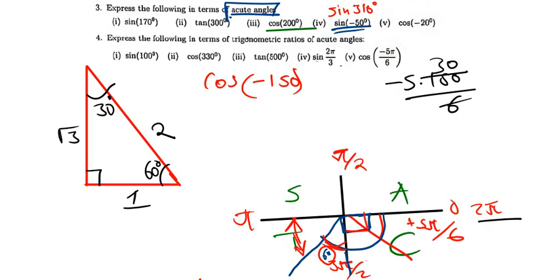From 360, from 2 pi to 3 pi over 2 is a 90, and then we've added a 60 to make it 150, and it's negative because we are moving in the clockwise direction. So that means we're remaining with only an extra 30, with a 30 between the 180 and our angle.